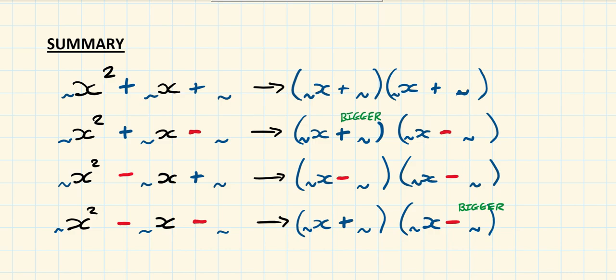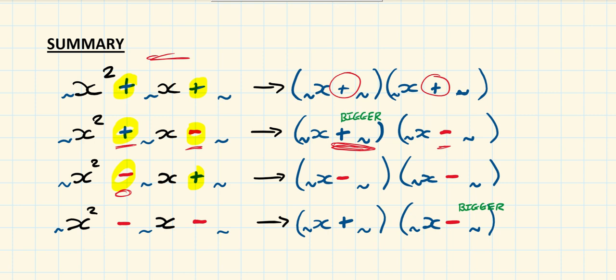Now, just as a summary of all of these, this might look a bit confusing, but focus on the middle bits, the signs. If you have 2 positive signs, you're going to have 2 positive signs in your answer. Fairly straightforward. If you have a positive in the middle and a negative at the end, your bigger factor is going to be positive, so the bigger number is positive and the smaller one will be negative.